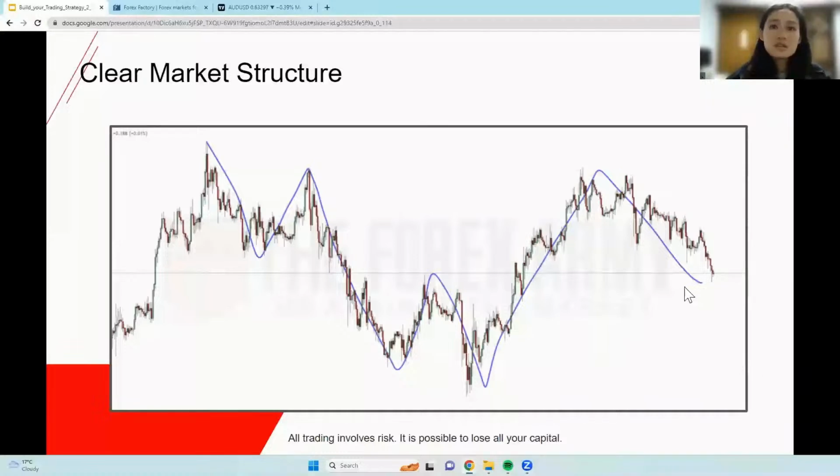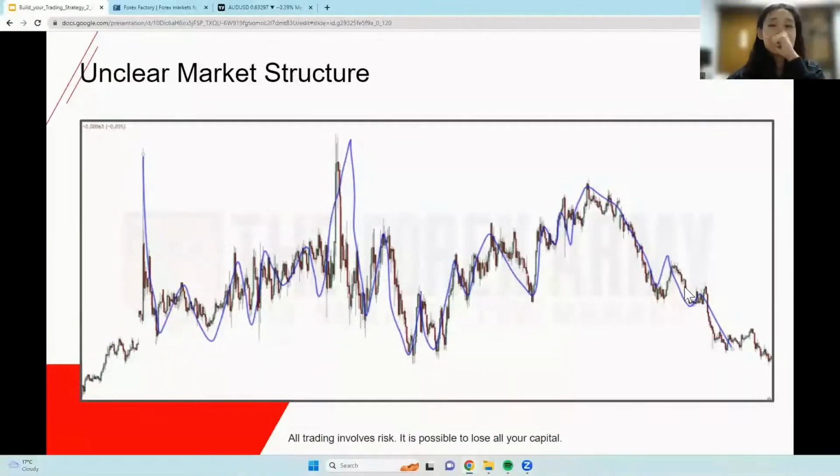Excuse me, this is an example of an unclear market structure. Okay, you can see the markets are really choppy, and you can't really see the shape of the chart very clearly.